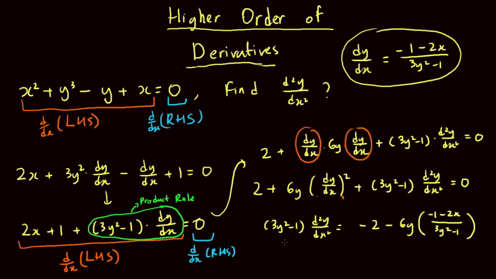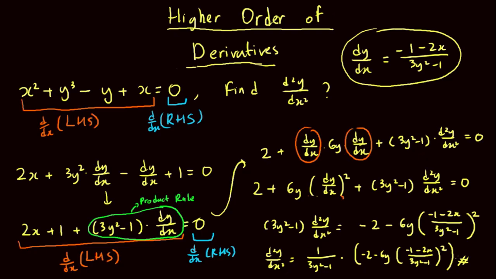Therefore d squared y over dx squared is basically 1 over 3y squared minus 1 multiplied with negative 2 minus 6y times negative 1 minus 2x over 3y squared minus 1. Don't forget the squared, by the way. I almost forgot the squared. Alright, squared. And this is your final answer.